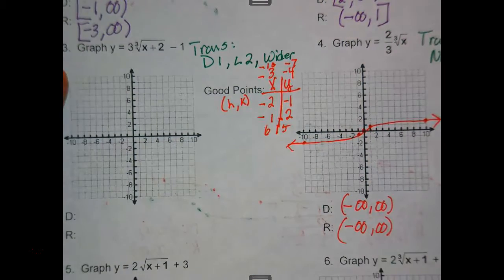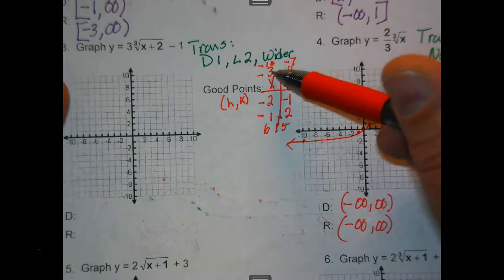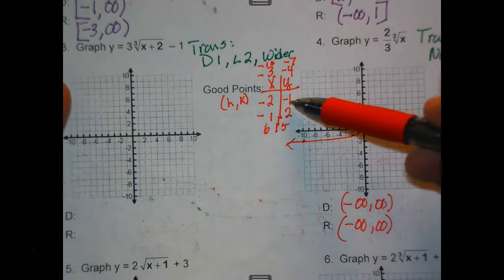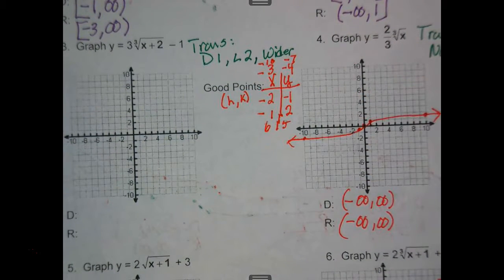Okay. I said I should have left some space for my other side, but I didn't. These are my 5 points. Negative 10, negative 7, negative 3, negative 4, negative 2, negative 1, which is my HK, negative 1, 2, 6, 5. Plot those.